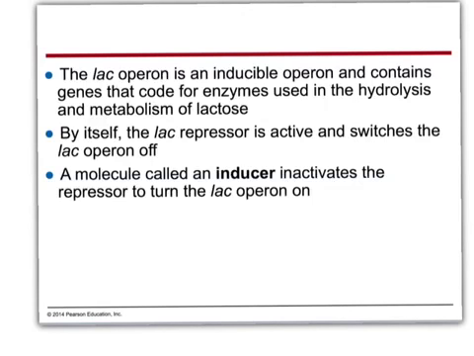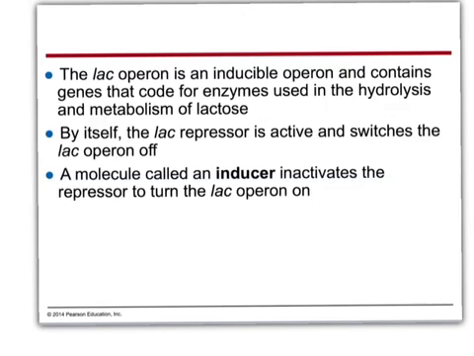When glucose is gone, lactose is present. All right? So in this case, the available energy source, lactose, is the actual inducer. An inducer is a molecule that will inactivate the repressor.